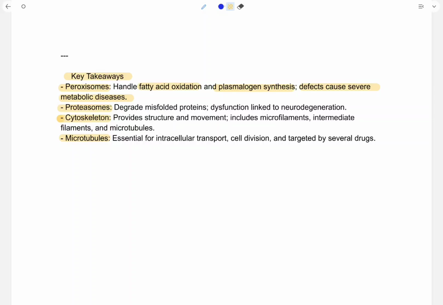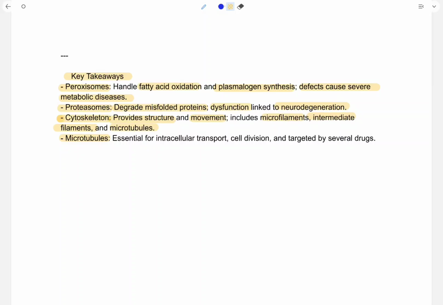Proteasomes degrade misfolded proteins, and dysfunction is linked to neurodegeneration. The cytoskeleton provides structure and movement, structure to the cell itself and movement of organelles within the cell.